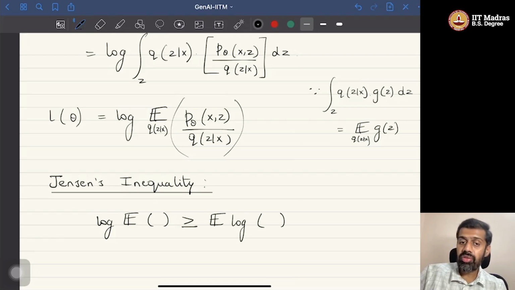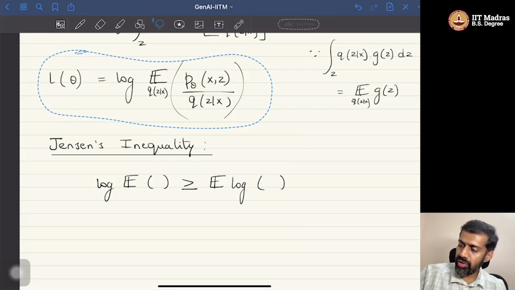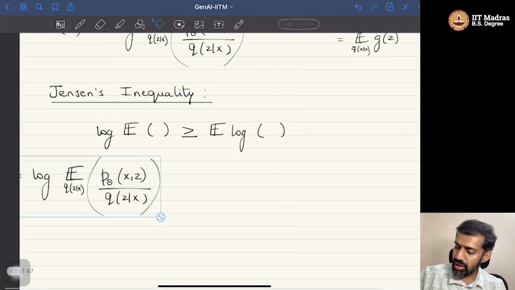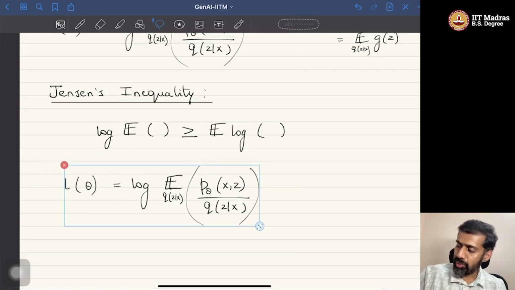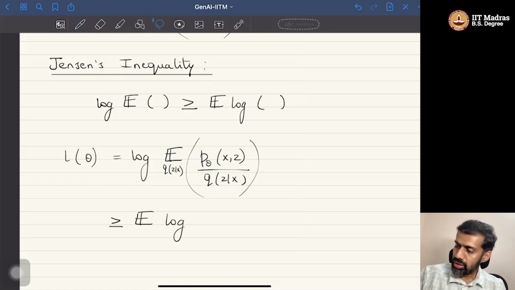This is Jensen's inequality for concave functions: log of expectation is always greater than or equal to the expectation of the log. So the log likelihood function that we want to maximize is a log of an expectation. If we apply Jensen's inequality to this, we have that this is greater than or equal to the expected value of log of this particular quantity.